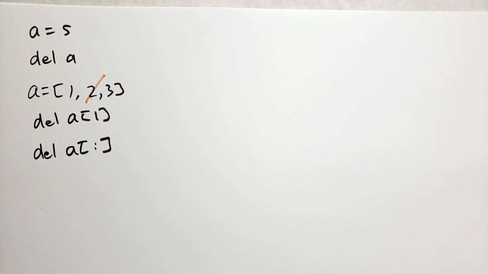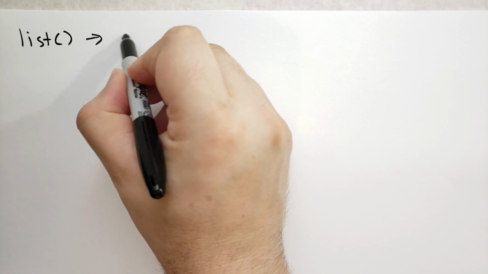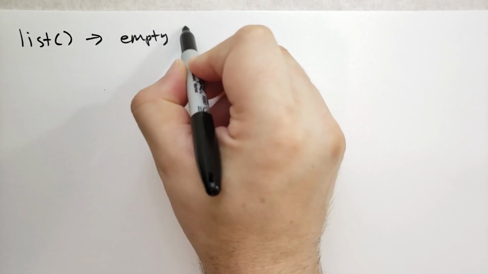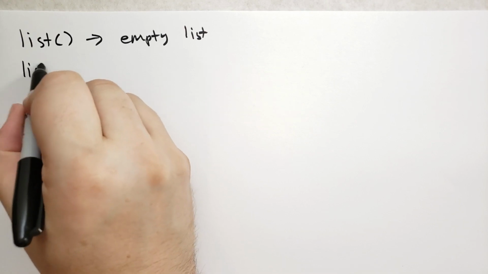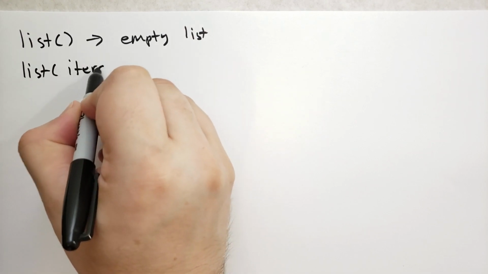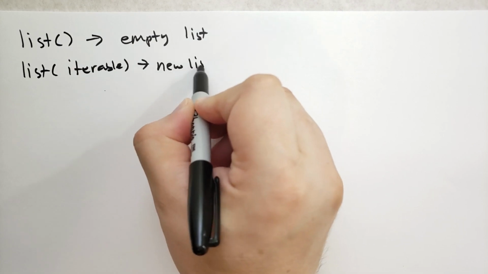Okay. Well, let's cover some of the functions that can use lists. First, we have the list function. This will return an empty list, a brand new empty list every single time. There's also list, where you can pass in some iterable, and this will give you a new list.